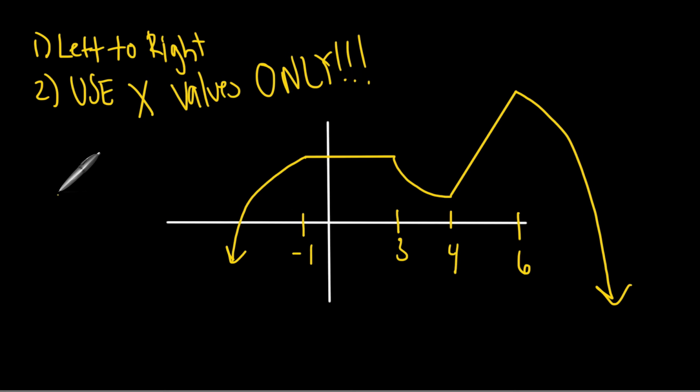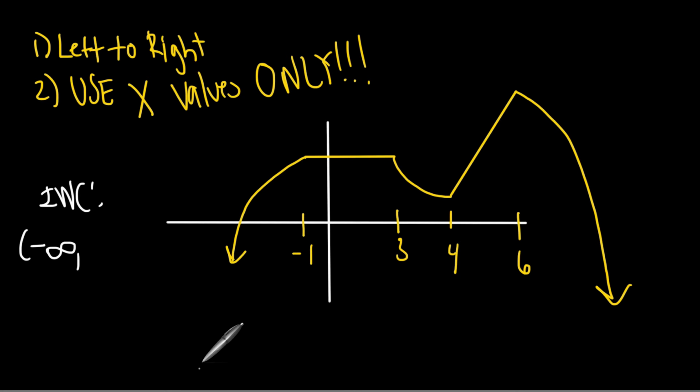Let's start with increasing. All right, so this function is increasing. Well, if we trace the function, we can see that it's increasing here, and it is increasing from when x is negative infinity, not the y, okay?